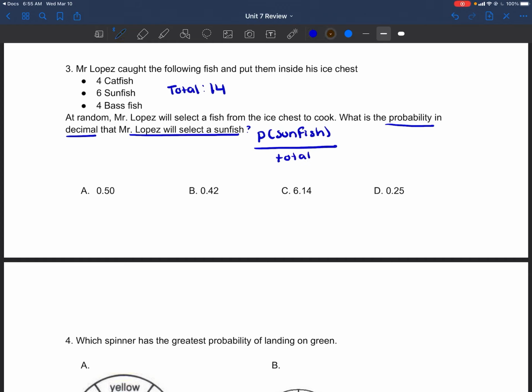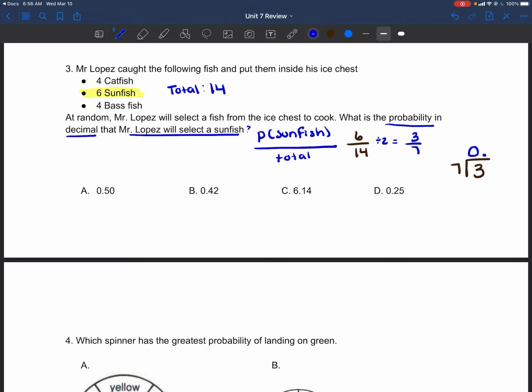So, sunfish, we have 6 sunfish out of the total. Now we can divide right now, but I'm going to simplify first by 2 so I can work with smaller numbers. So I get 3 out of 7. Now, let's see what we get. Numerator on the inside, denominator on the outside. 7 cannot go into 3.